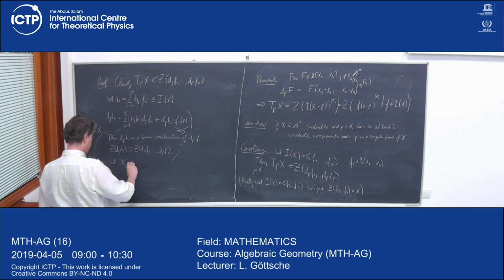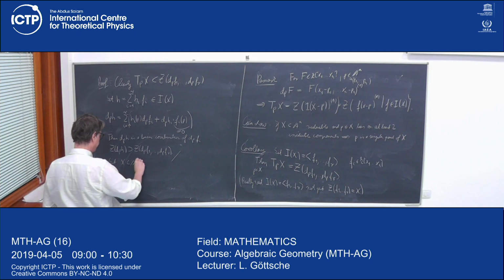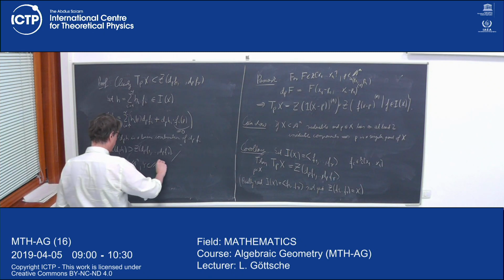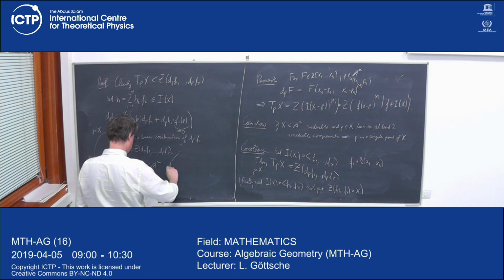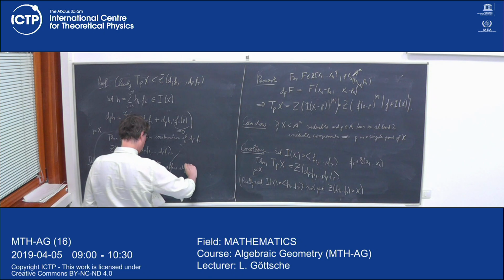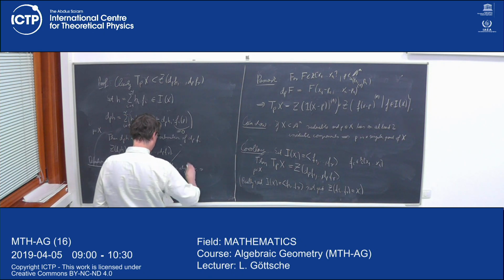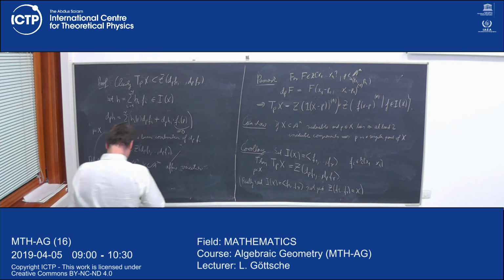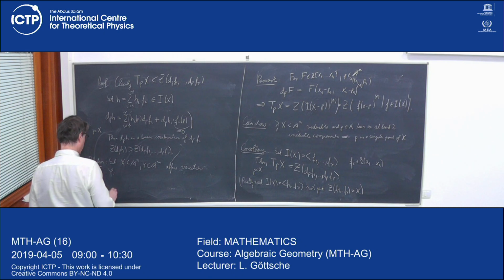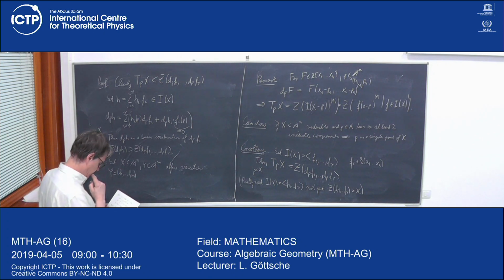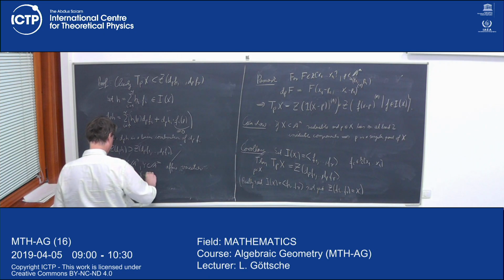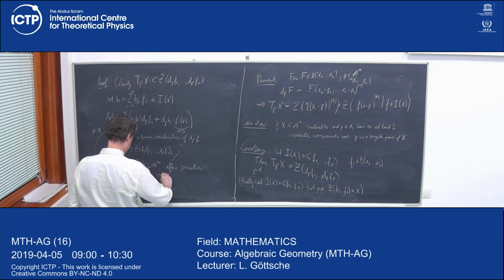So take X in A^n, Y in A^m, or I could also say affine algebraic sets, and phi, which I can write as f1 to fm, from X to Y, a morphism.